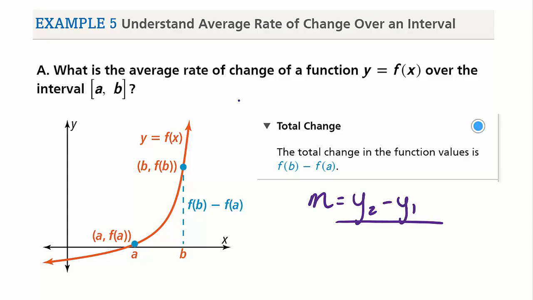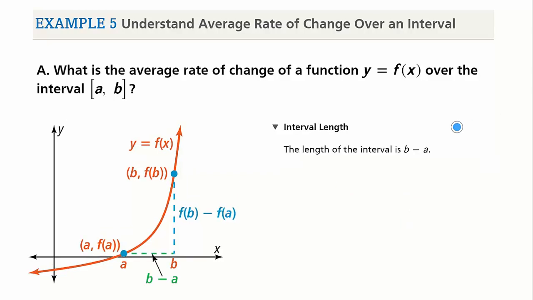So if we're going to move forward with finding the average rate of change, which again is our fancy word for slope, then we need to find the difference in our y values. So we take our y value, f of b, and we subtract our other y value, f of a, and that'll be in our numerator. Then we need to find our denominator, which is going to be our x2 minus x1.